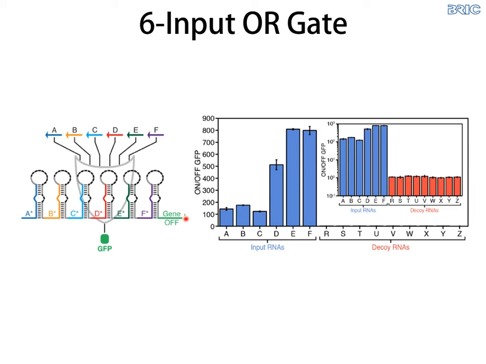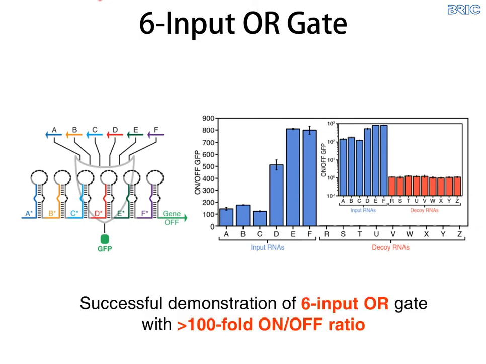If you want to trigger the far left, like using A, you can go on, but sometimes you fall off in the middle. So there is some limitation for the activation of the leftmost side, and we are still working on improving this. But at least we were able to show that we can have a functional 6-input OR gate that has about 100-fold on-off ratio.